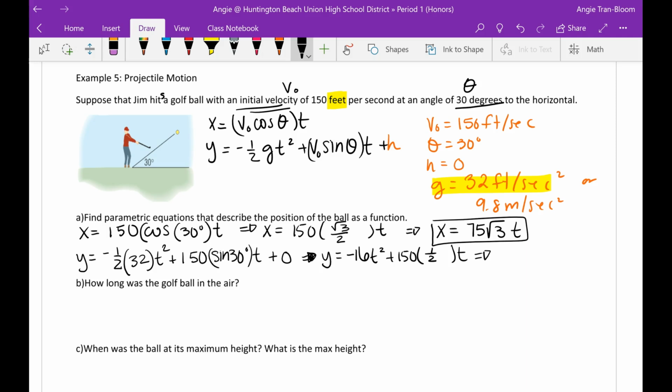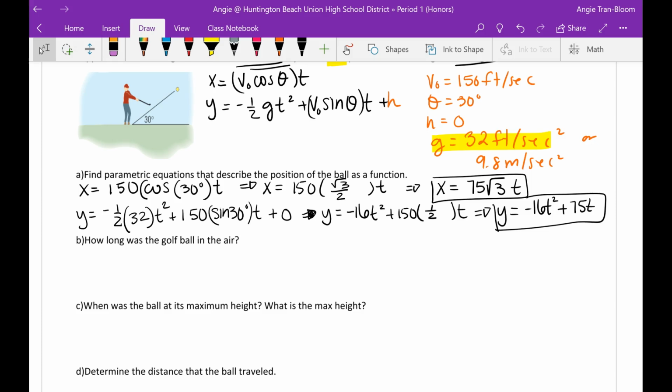Hopefully you said 1/2. This is going to give me y equals negative 16 t squared. Half of 150 is now just a positive 75 t. There you go. So we have the parametric equations. Again, parametric equations means you have to have both x and y equals.